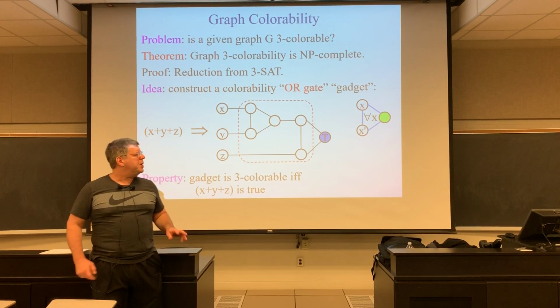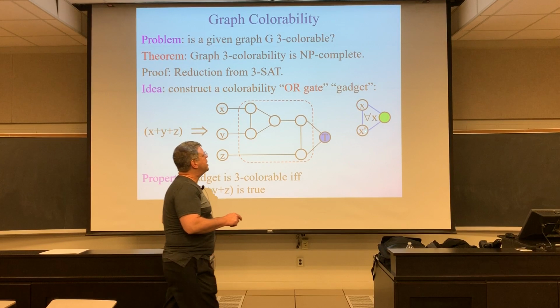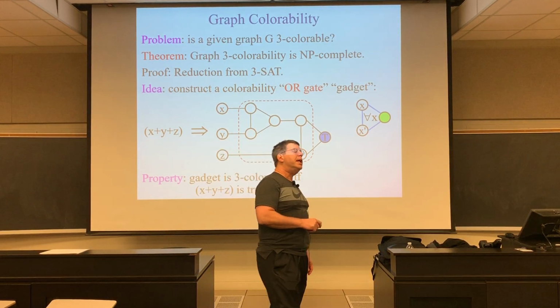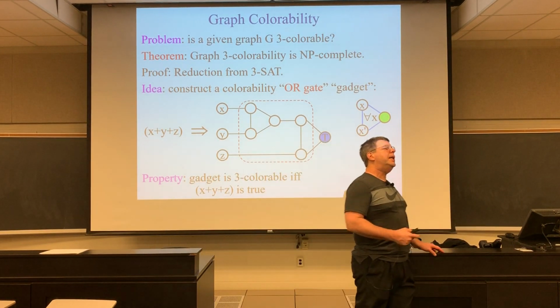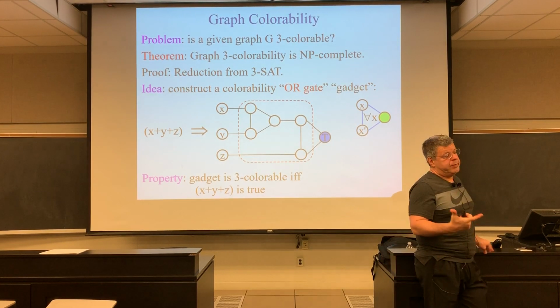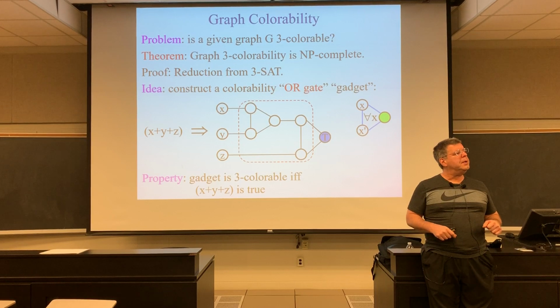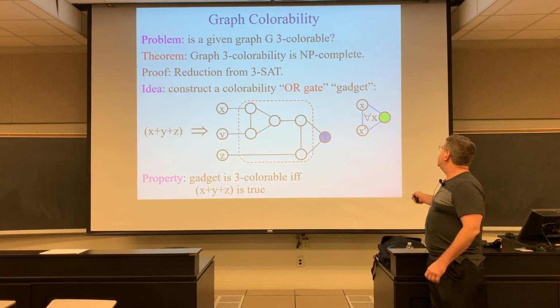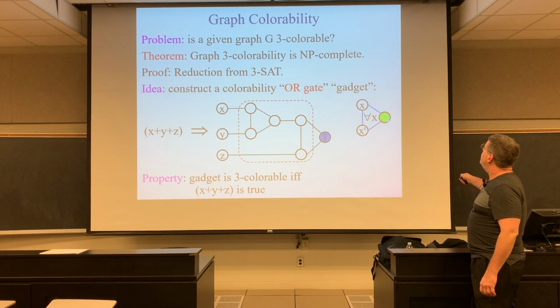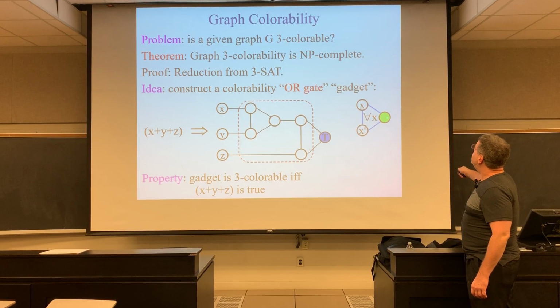Which nicely maps to this color constraint that both x and x naught, in terms of nodes, can't be assigned the same color in the colorability instance, because graph colorability insists that adjacent nodes have different colors, not the same color. And both of these nodes are connected to this third guy, which means both are connected to a third color.